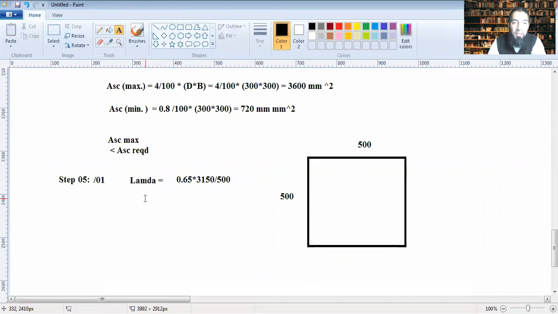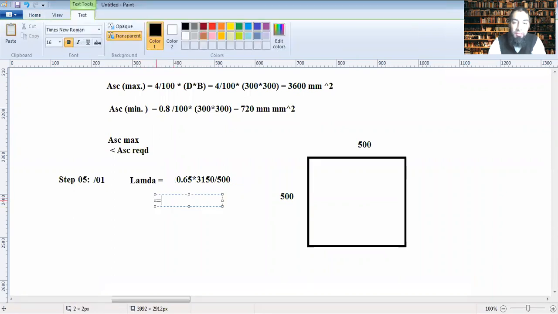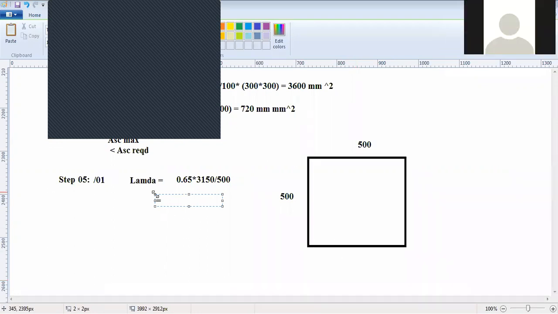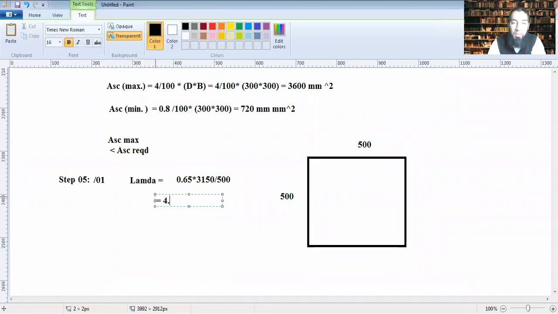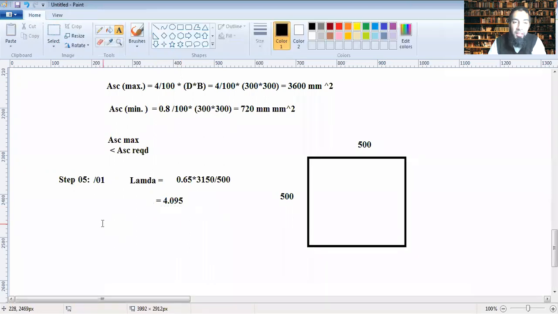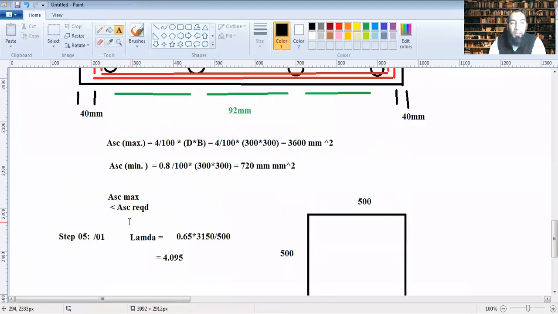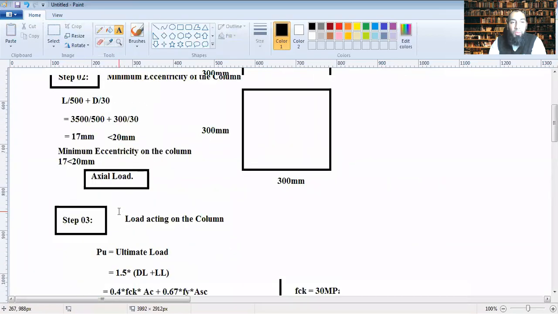So that is कितना आ रहा है? 4.095. Obviously when we are increasing it, it will come even lesser. So it's greater than 3, so it's not becoming a pedestal. This is our slenderness ratio. It's okay, it's a short column.